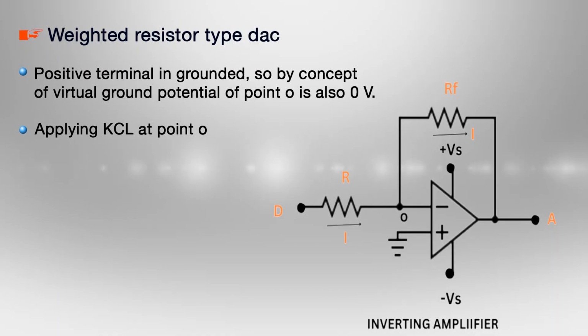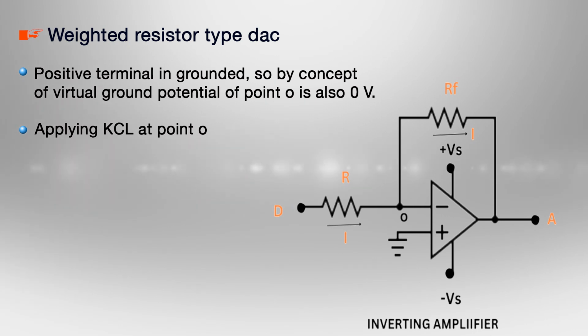amplifier. Op-amp, which is an abbreviation for operational amplifier, has 2 inputs and 1 output. To work it as an inverting amplifier, the positive terminal is grounded and digital input D is applied to the negative terminal through a resistance. Since the positive terminal is grounded, by the concept of virtual ground, the potential of point O should also be 0 volt.